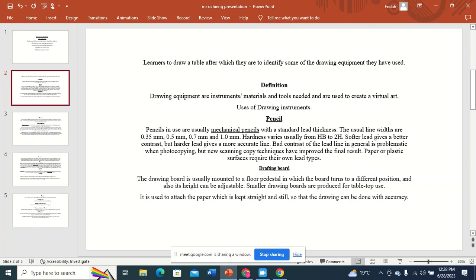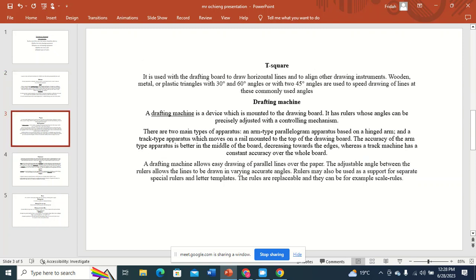We can tilt it at different angles that are comfortable for us. So if we have a table that is able to tilt, we refer to that table as a drafting board. So who can give us another drawing instrument and its use?